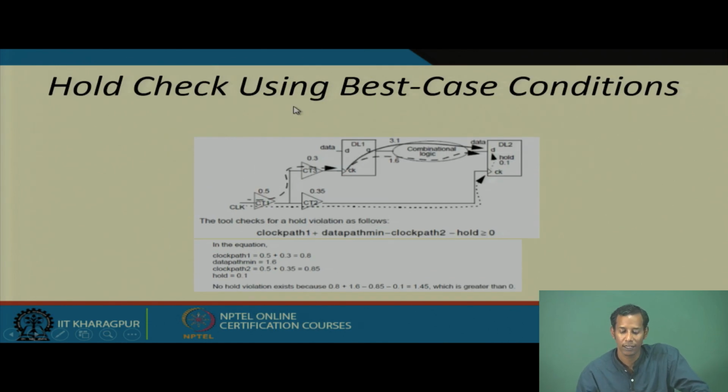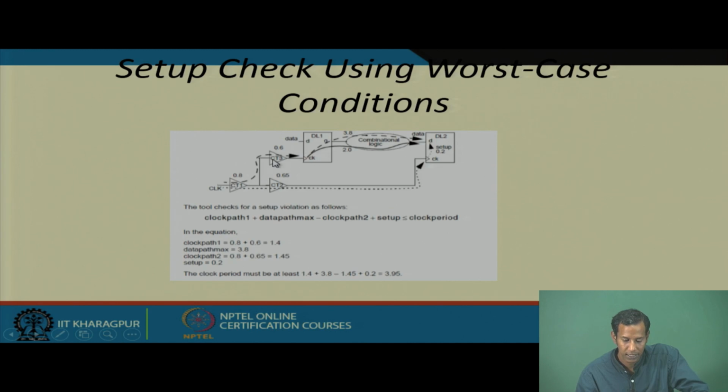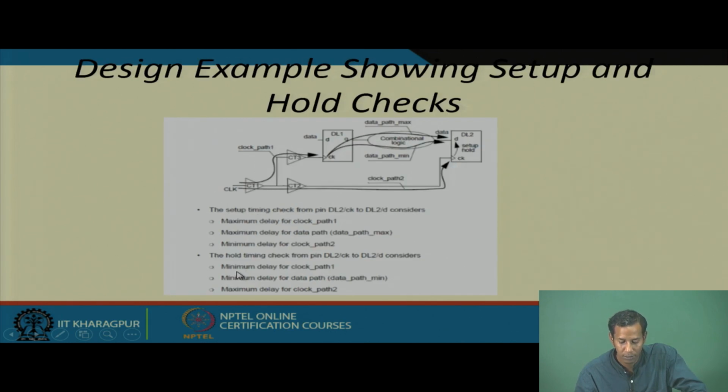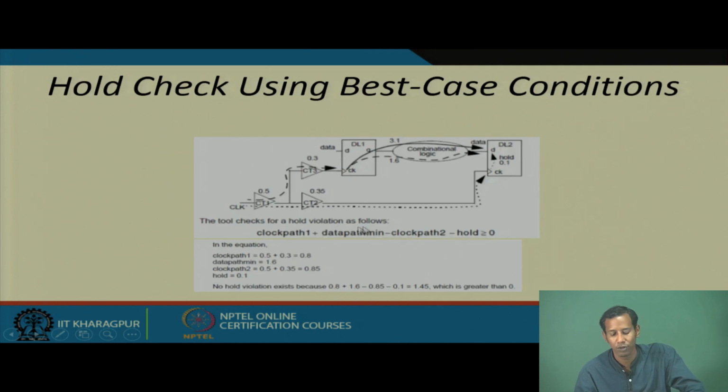Now, for the hold check, what will be the consideration for the same circuit? The configuration is same, but the parameters are changed. For hold, we have to consider the minimum delay for clock path 1, the minimum delay for the data path, and the maximum delay for clock path 2. So, the equation is clock path 1 plus data path min minus clock path 2 minus hold. In this equation clock path 1 is 0.5 plus 0.3, which is 0.8.